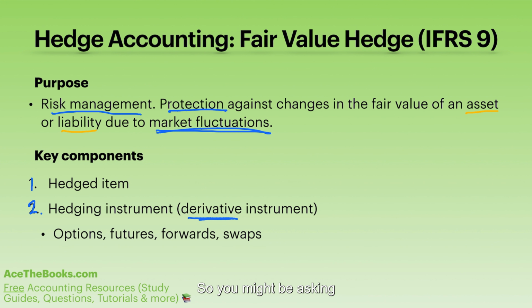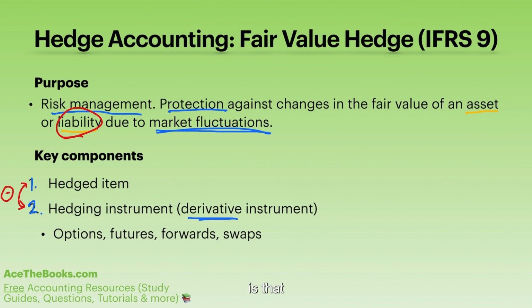So you might be asking, how does entering into a derivative instrument create protection against fair value movement of the hedged item? The important thing to understand here is that the hedging instrument that is adopted and entered into must have a negative correlation to the hedged item. Let's say, for example, a company wishes to enter a fair value hedge for a liability it currently holds on its balance sheet. In this example, the hedging instrument that it would adopt would be a derivative that is negatively correlated to that particular liability.